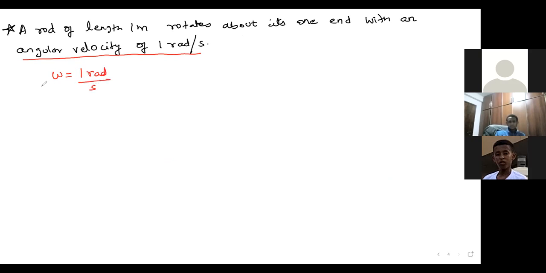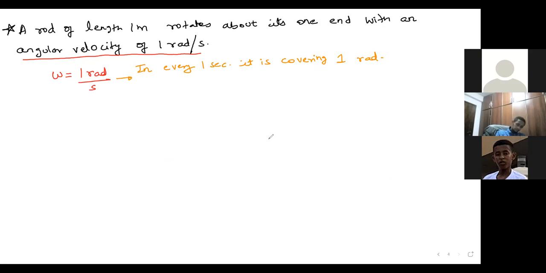It means it is rotating in such a way that in every 1 second it is covering 1 radian of angle. In every 1 second, it is covering how much angle? One radian. I hope you understand the meaning of 1 radian, right? Perfect. So let's go ahead now.